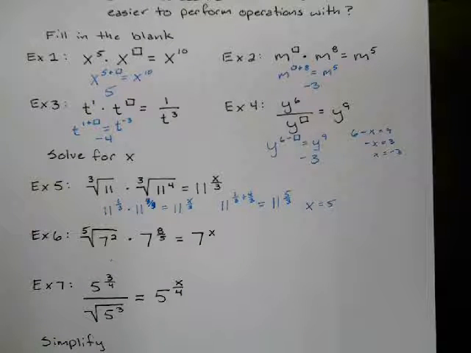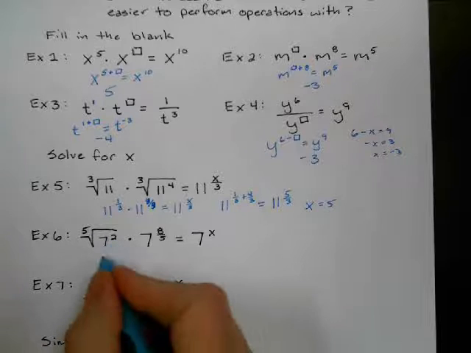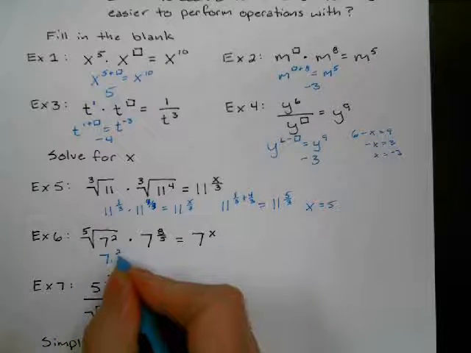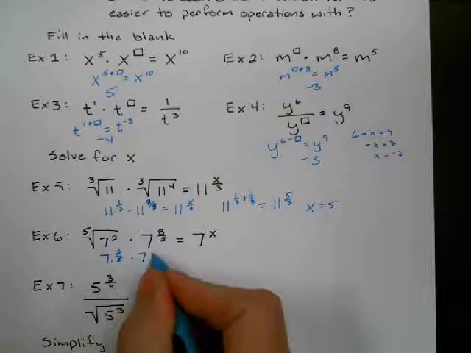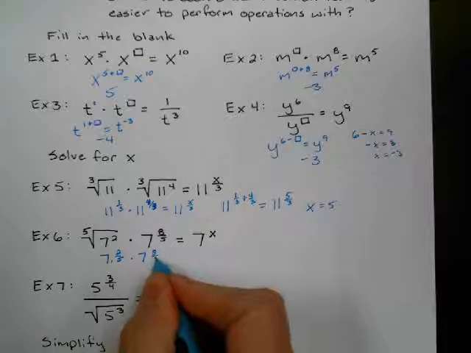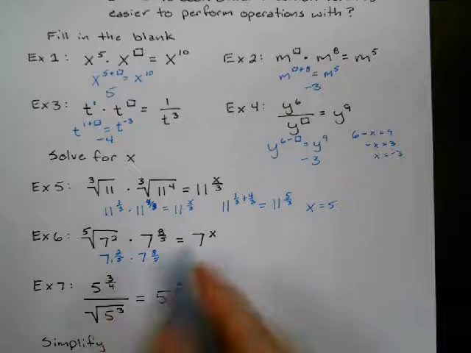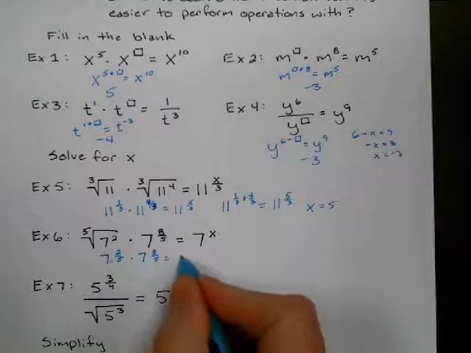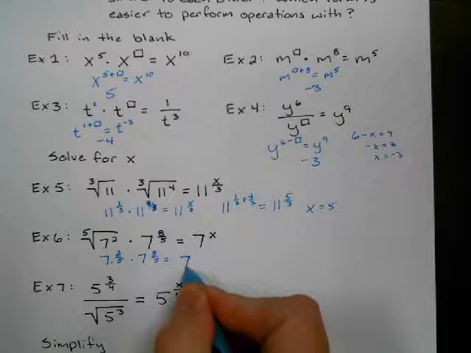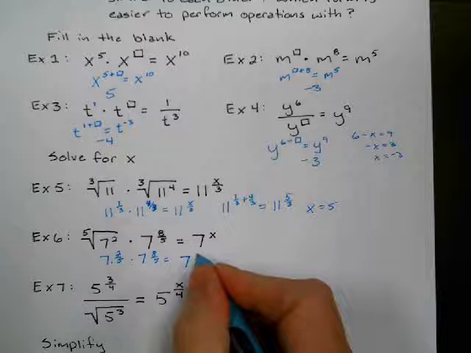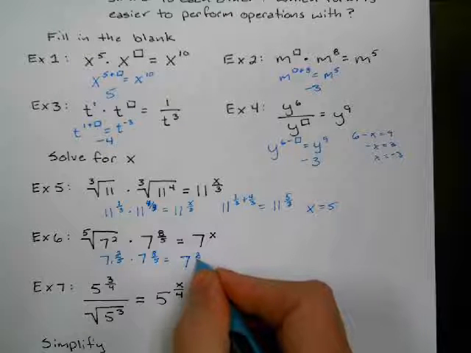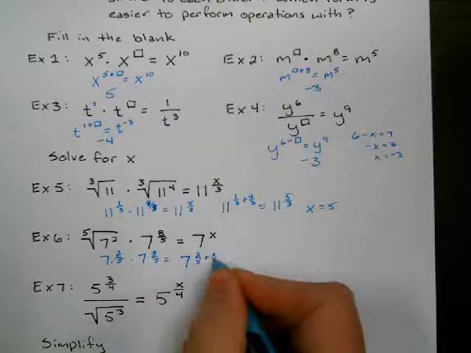Next, I want to switch this one first. It's 7 to the 2/5 power. And then times 7 to the 8/5 power. All right, so this is multiplication, so I should be adding these together. So 7 to the 10/5, because I'm going to add 2/5 plus 8/5.